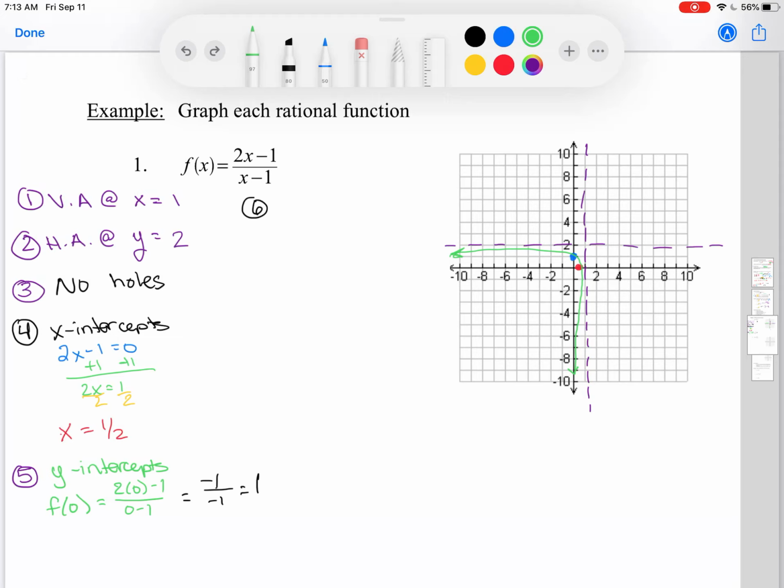All right, that's never going to happen. So there's one part, and then the second part's going to be the exact same thing on the opposite side. So we want to have a graph in that corner. But we don't want to just do a random sketch because it could look something like this, and that's not completely true. So what we want to do is go to step 6, and we want to test a point.